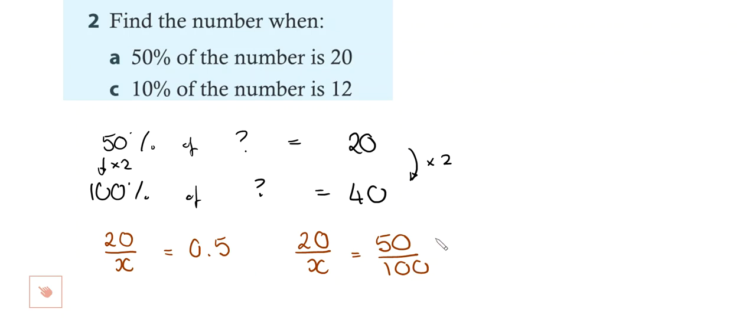Well, I think you're right, actually. We could say if we divide that by 10, we get 20 over x equals 5 over 10. And then what would I do?